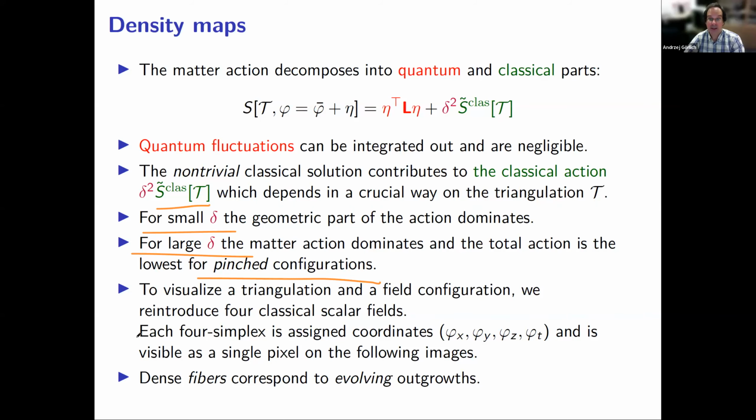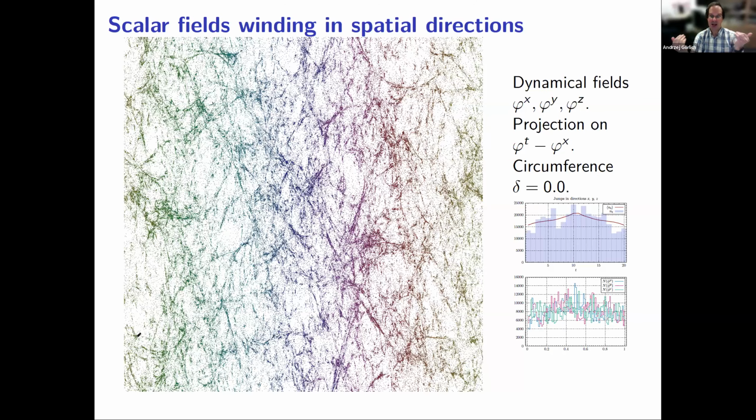Okay, so now what happens when we add 3 dynamical scalar fields that wind in the spatial directions, x, y, and z. And we can put those fields on a triangulation and use them as coordinates to visualize a triangulation. And this is just a projection on phi t and phi x.